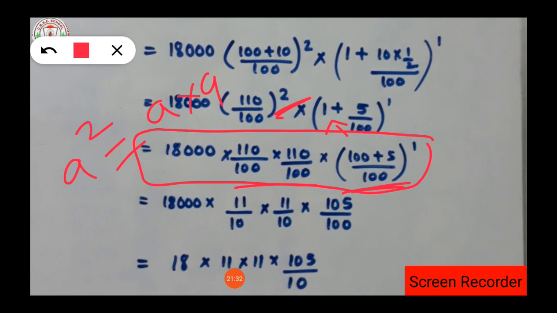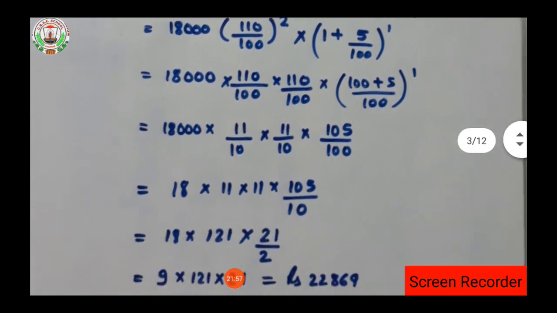Now solving this part, the zeros will get cancelled, isn't it? Whatever zeros are left, 1 2 3, so three zeros will get cancelled. What numbers are left out? 18, 11, 11 by 10, 11 and 105. So with these numbers left, we are going to calculate.